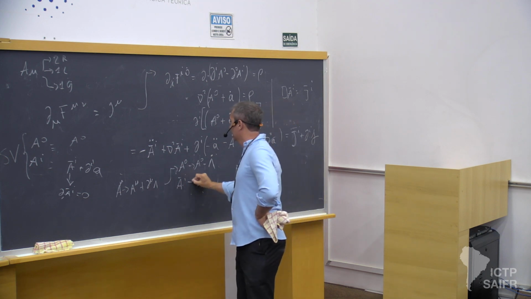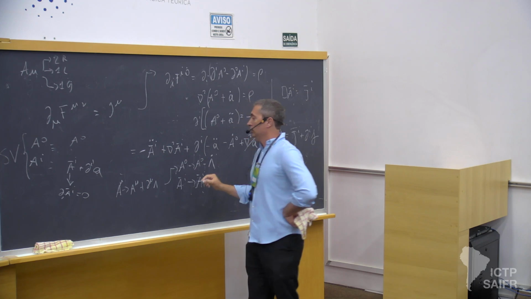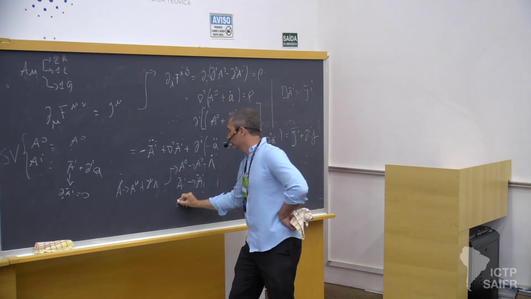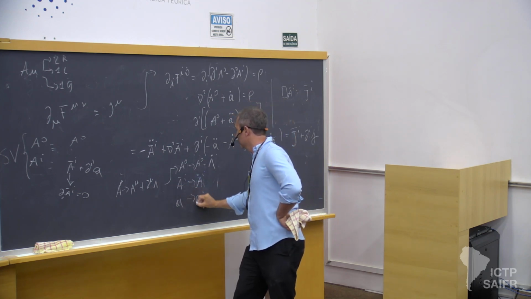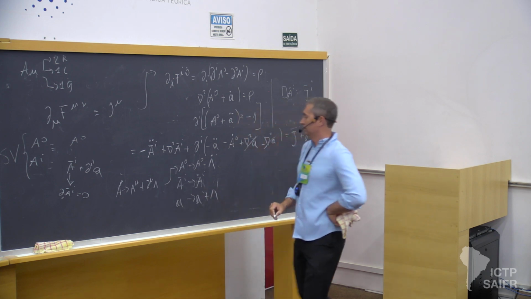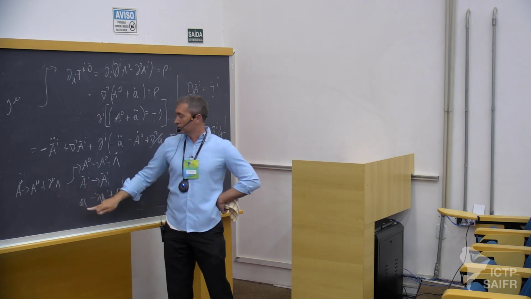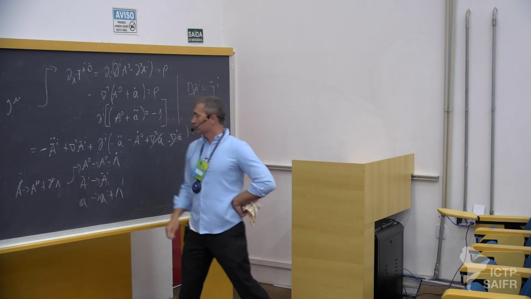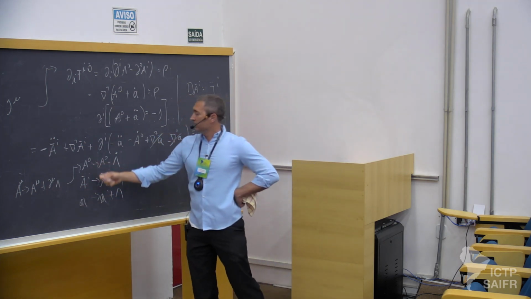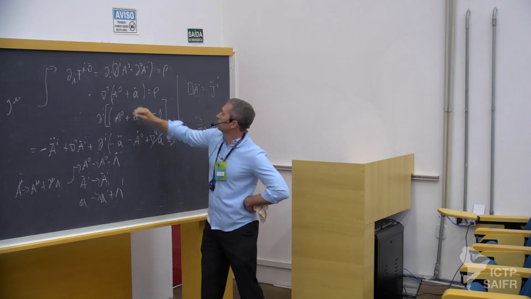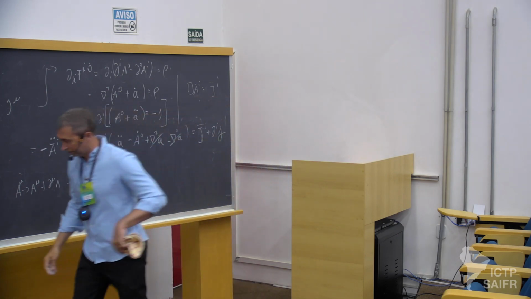A bar I goes into A bar I. It doesn't change, because this only changes the longitudinal part, and a goes into a plus lambda. This is the action of a gauge transformation over small a, A bar I, or A0. And then you see A0 plus a dot. Sorry, here a dot was missing.